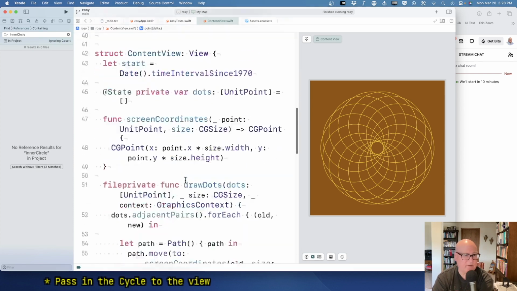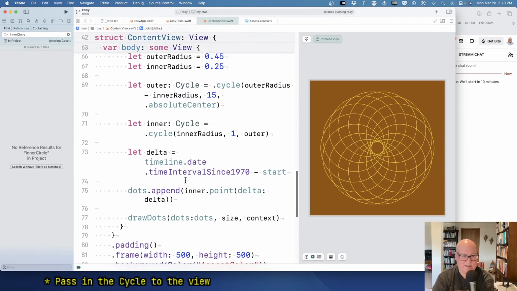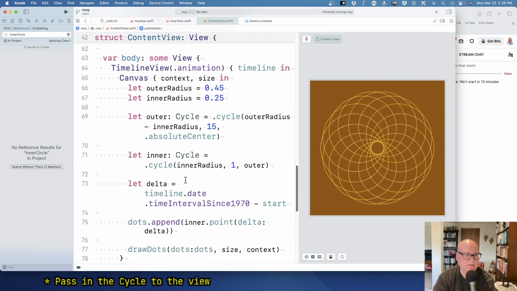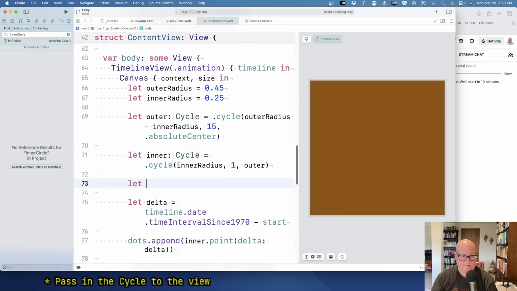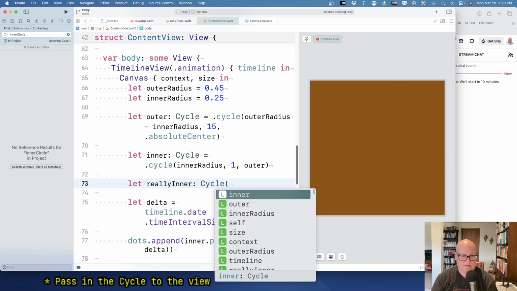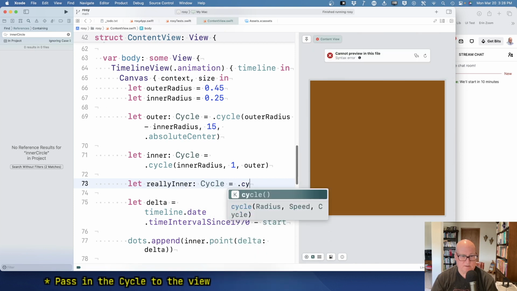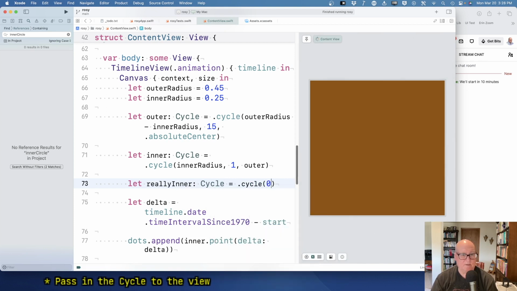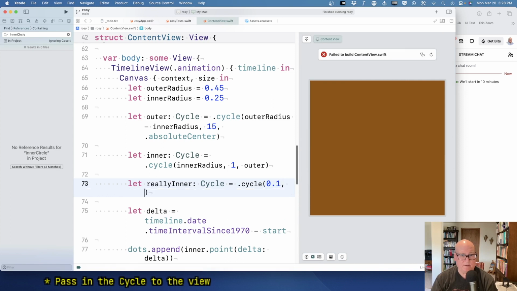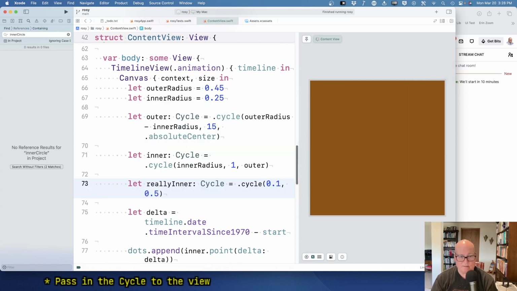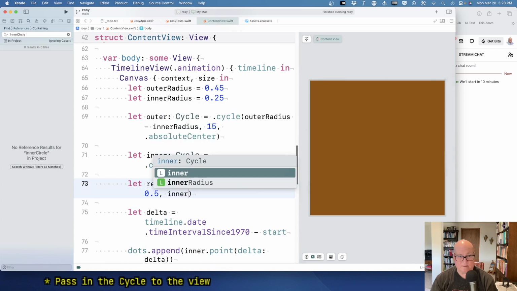Okay, so then the one thing I want to do is let's add level 3. Really inner cycle is cycle with 0.1 and let's do 0.5 and inner.